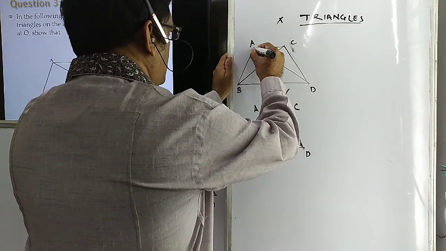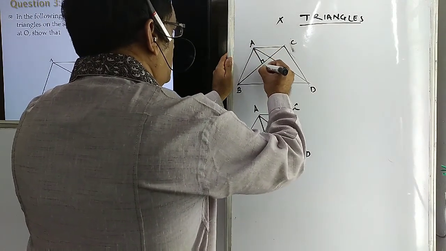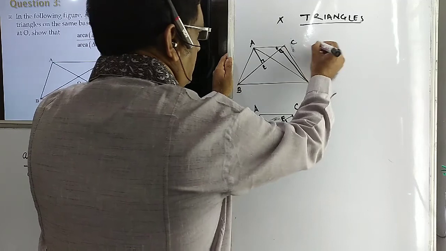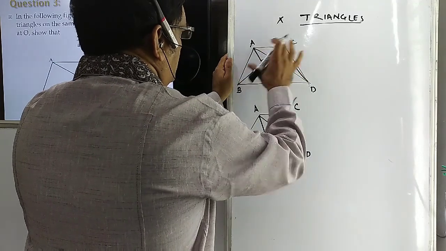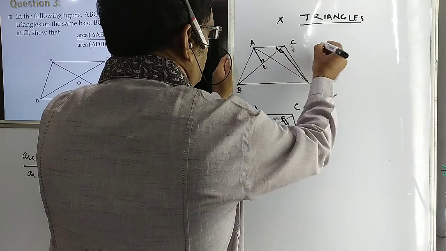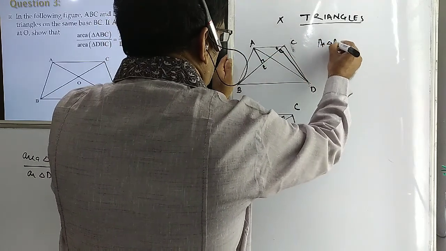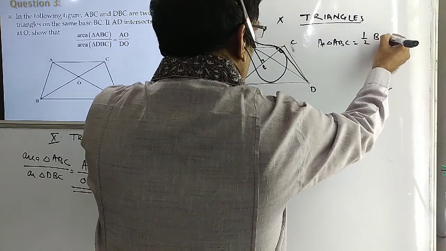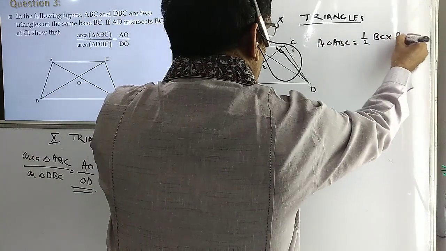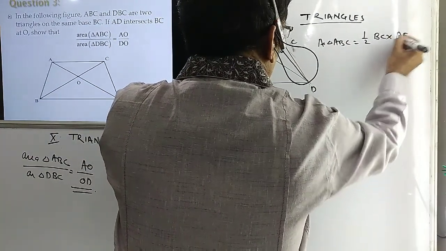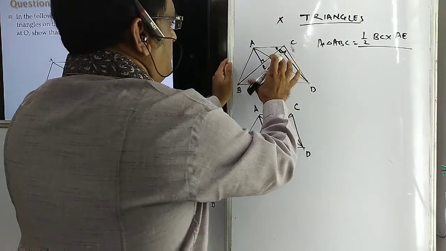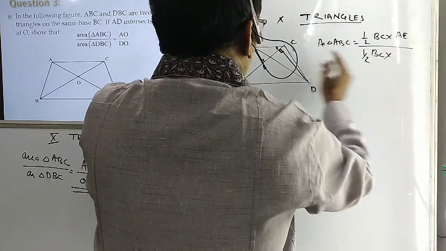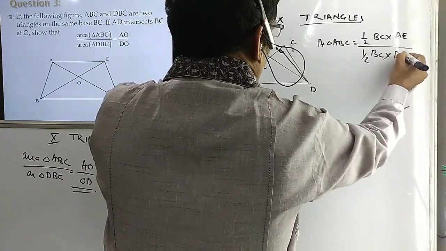First of all we have constructed one altitude AE here and another altitude DF here. Now area of triangle ABC is equal to half base into altitude. Area of triangle ABC is half, base is BC and altitude is AE. Area of triangle DBC is half, again base BC and altitude DF.